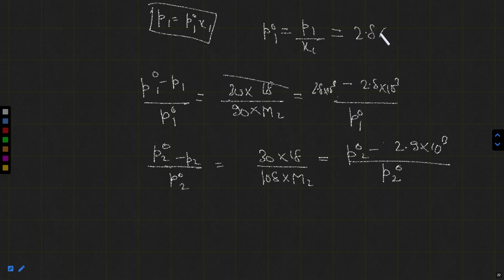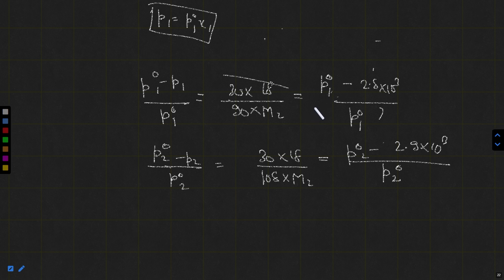P1 is 2.8 into 10 to the power 3 divided by x1. We don't know x1, it is nothing but the mole fraction. Okay, so let us keep it as P01 here for now.